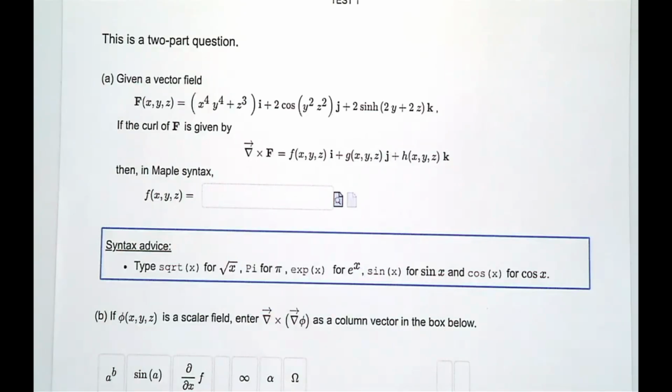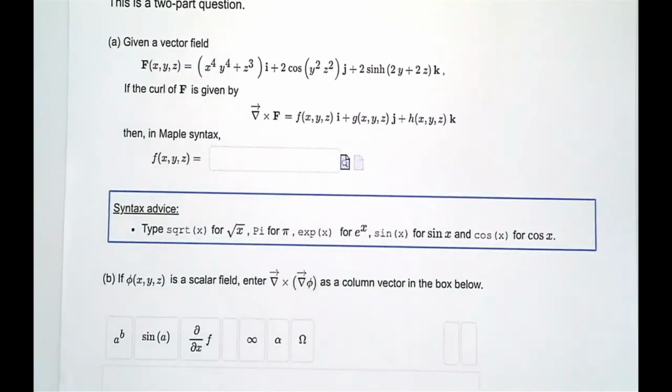Okay? And then in the second part, part B says if phi is a scalar field, so a function, right? Enter the curl of the gradient. Now, the first question is, well, where's phi? They don't tell you what phi is.